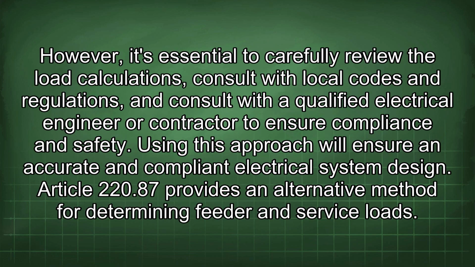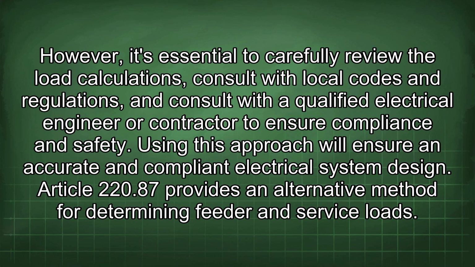However, it's essential to carefully review the load calculations, consult with local codes and regulations, and consult with a qualified electrical engineer or contractor to ensure compliance and safety. Using this approach will ensure an accurate and compliant electrical system design.